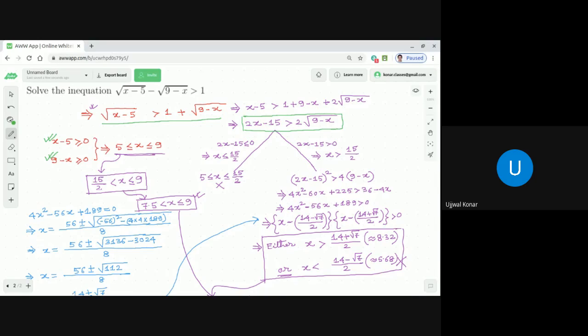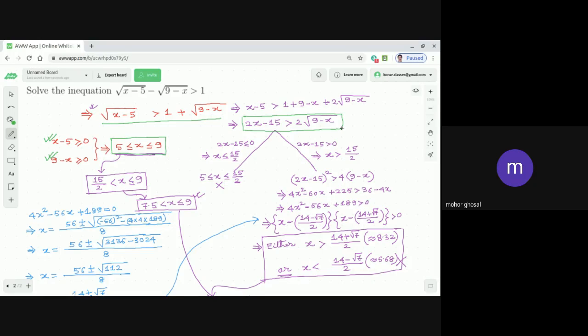First I found that x has to be between 5 and 9. After that, 2x minus 15 less than or equal to 0. Then x is less than or equal to 15 by 2, and we see that 2 into square root of 9 minus x is negative. So that is not an acceptable solution.